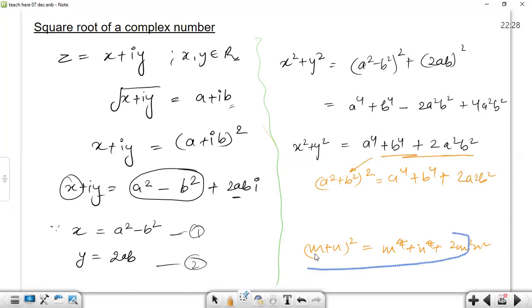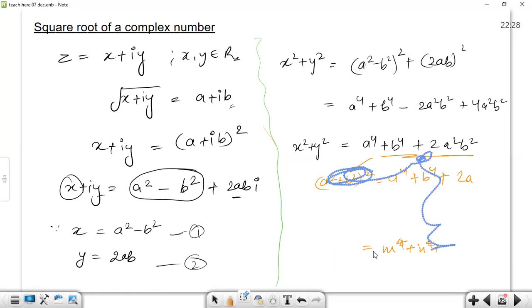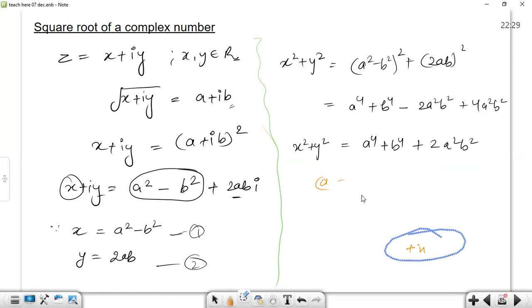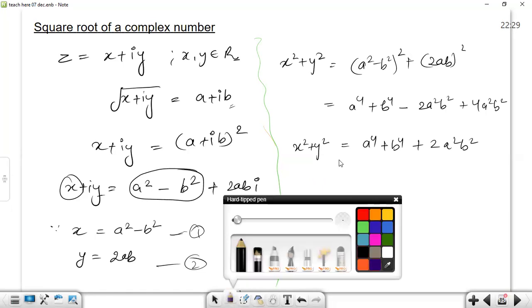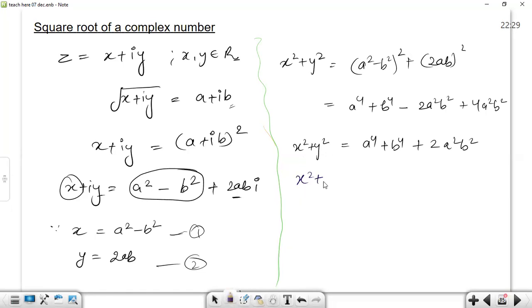Clear? Yes, sir. So let's utilize our observation now. x square plus y square becomes a square plus b square whole square. Okay, clear.